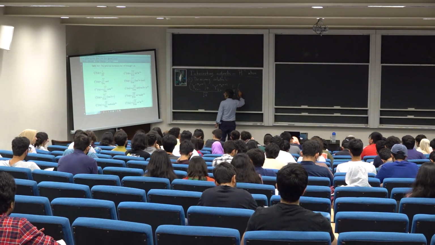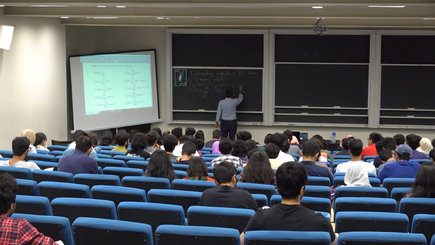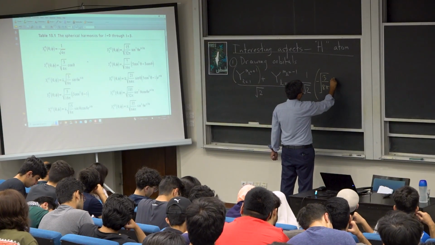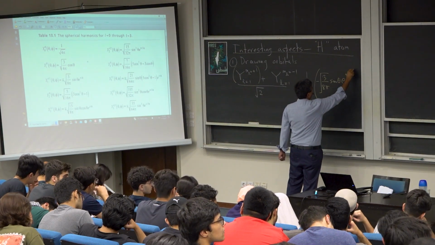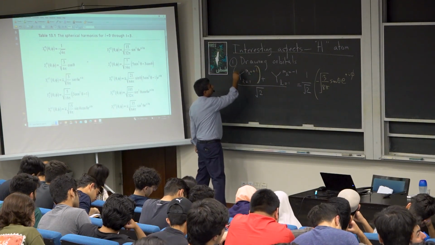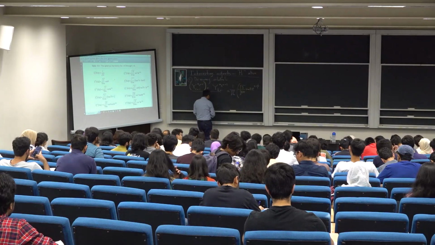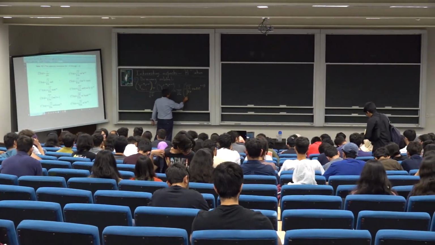the first function given here is simply minus 3 over 8 pi square root sine theta e to the plus i phi, right? So this is this function over here, correct? And I add to this the second harmonic function.